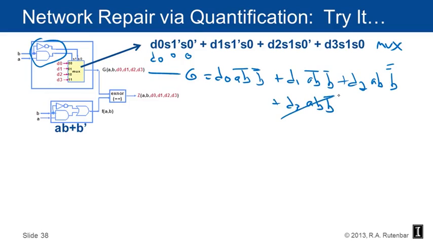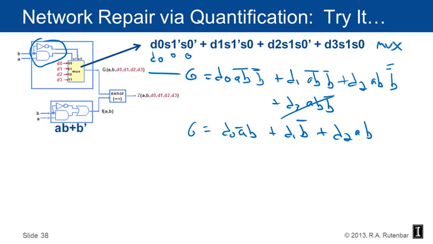Well, that one just goes right away. And then if I simplify this a little bit, I will get D0 A bar B plus D1 B bar plus D2 AB. So that's the G function.